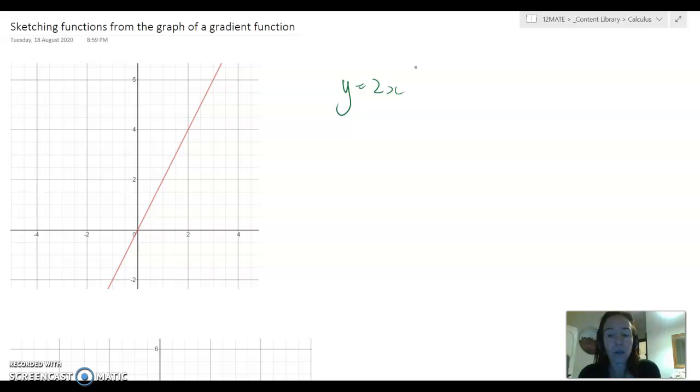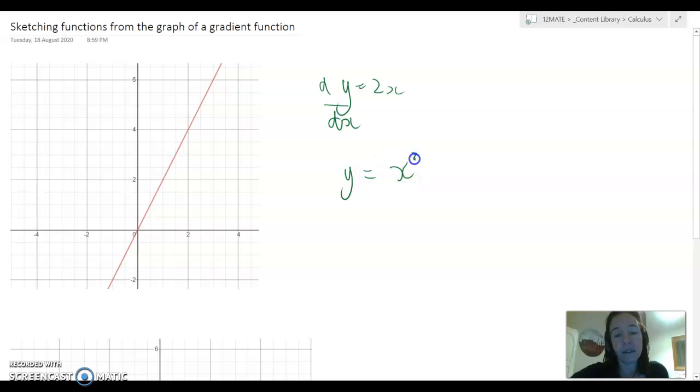So we know it was a quadratic. Hopefully you know it was a quadratic. So if dy/dx was that, then y must have been x squared. But I don't know if there was a c or some value that could have been there.